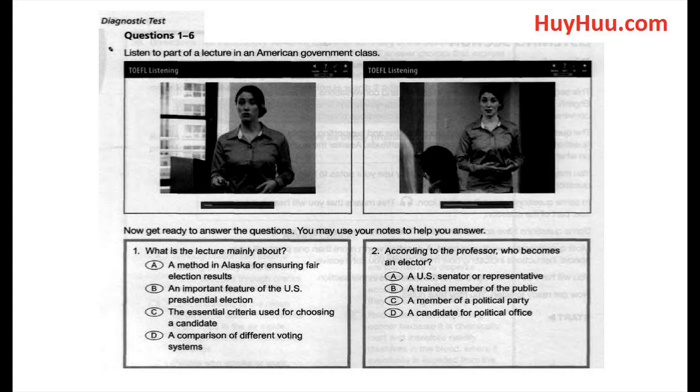Whichever candidate wins the most popular votes in a state also wins all the electors of that state. So back to the case of Alaska. The candidate who wins the greatest share of the vote from the general public wins 3 electoral votes. Those 3 electors become the electors of that state. Now, okay, there are a couple of exceptions to that, but we'll have a look at those next week.